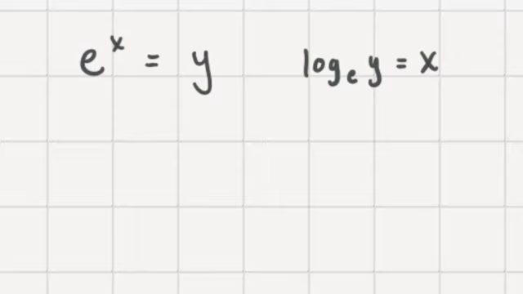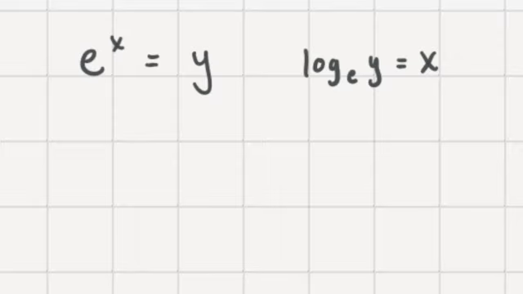But here's the thing. Remember I said that e is such a special number, right? It has its own name, right? It's like pi. It got its own symbol. So it's so special that it actually has a special name for its log, and it is called the natural log.